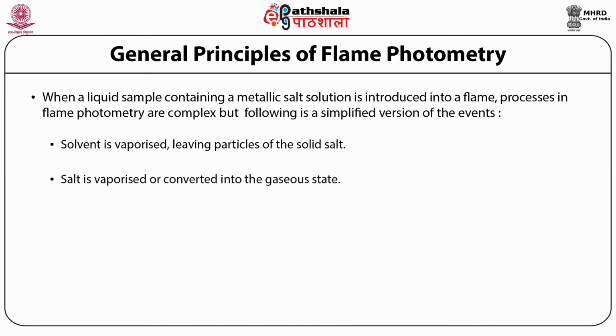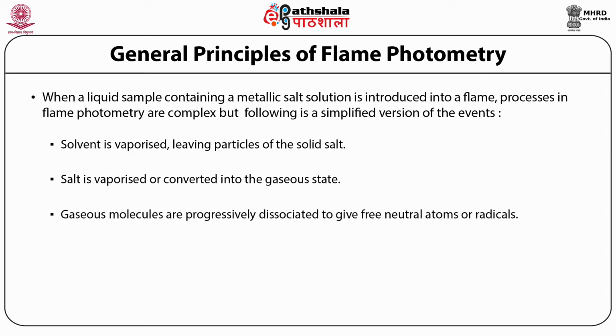Then the salt is vaporized or converted into gaseous state, and then a part of the gaseous molecules is progressively dissociated to give free neutral atoms or radicals. These neutral atoms are excited by the thermal energy of the flame.